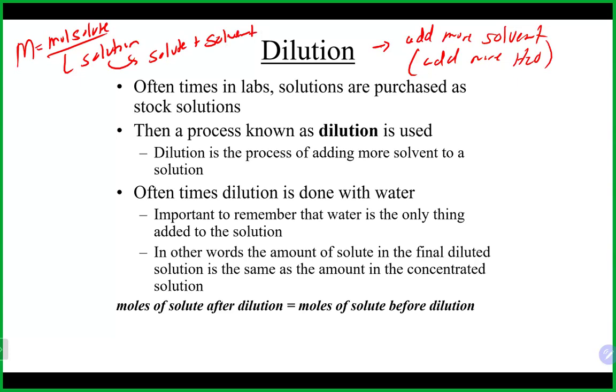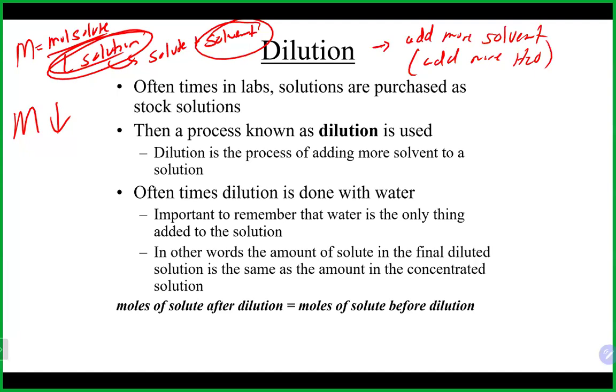So when you do a dilution, you're actually adding more solvent, which makes the bottom part here larger. And that means that the molarity typically will go down, because you're diluting it by adding more solvent. That also means that every time you add more solvent, the molarity constantly changes because you're changing the bottom part of it.